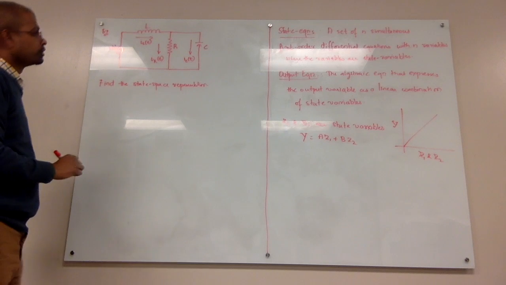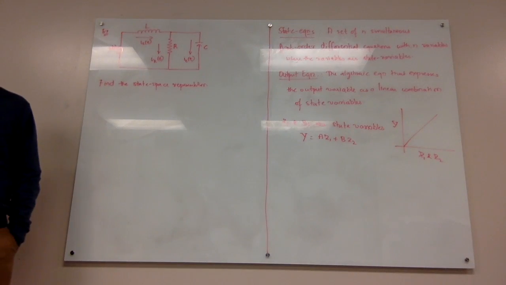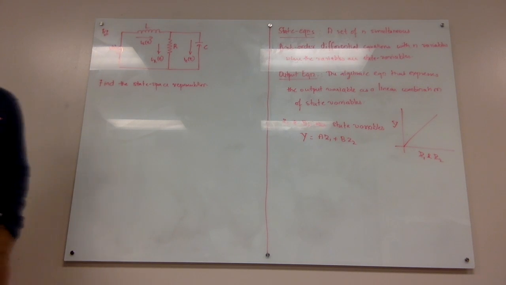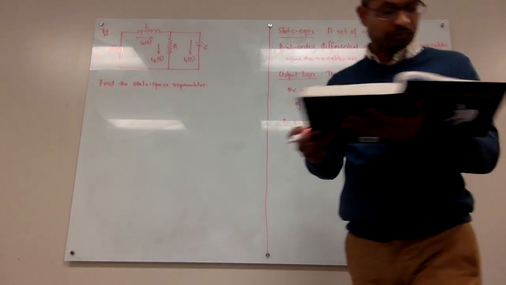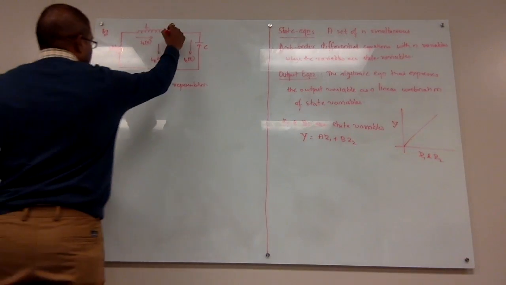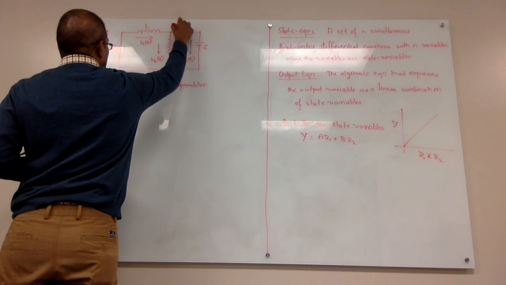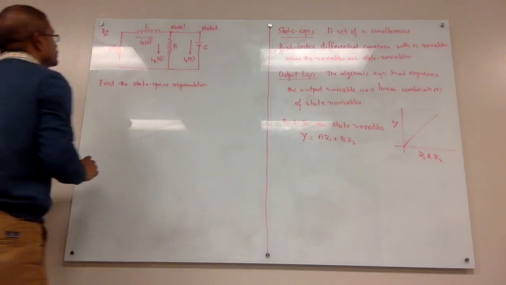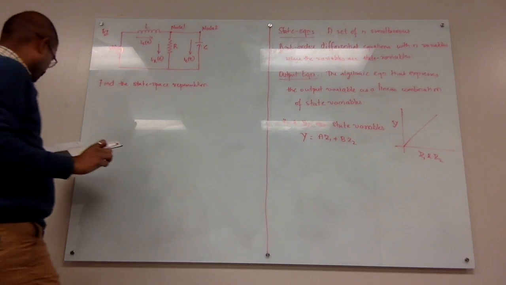What you need here is a little understanding of Kirchhoff's current law, and your assignment actually talks about Kirchhoff's current law. Find the state space representation.